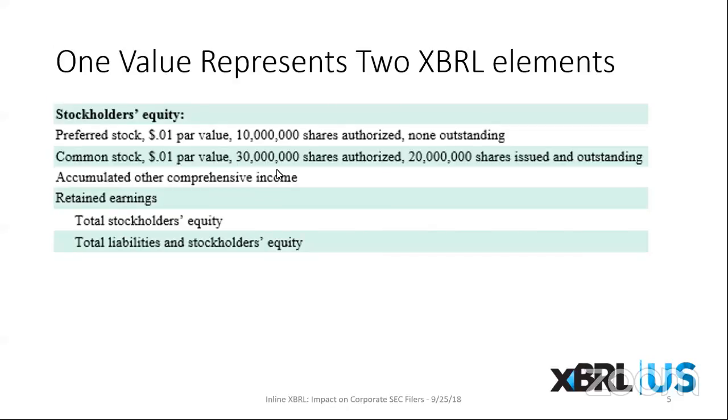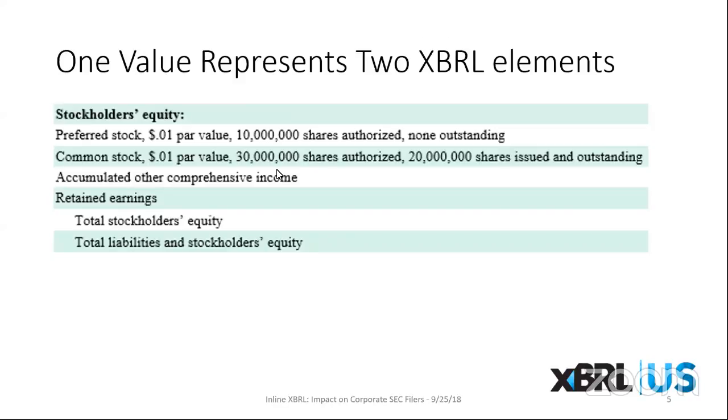But there are some facts that appear in the HTML that need to be tagged, but they can't be transformed automatically to an XBRL value. So the SEC created a mechanism for those items, and that's called SEC-IX hidden XBRL. So it is another form of hidden XBRL. The form I was talking about before, let's call that regular hidden XBRL. And this SEC thing, I'll call it SEC hidden XBRL.